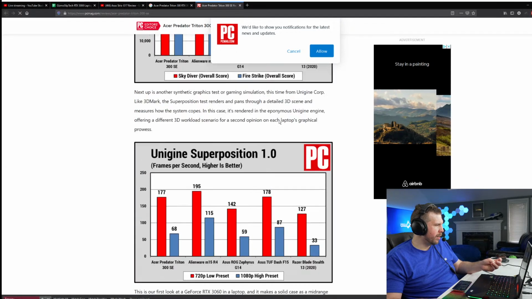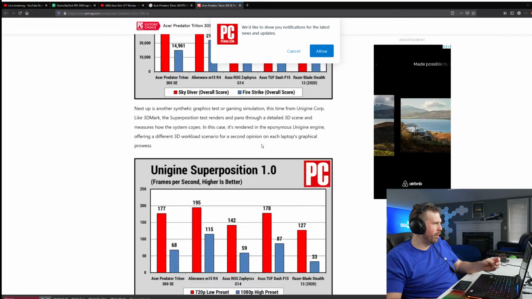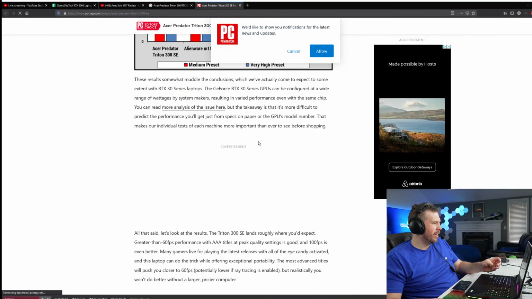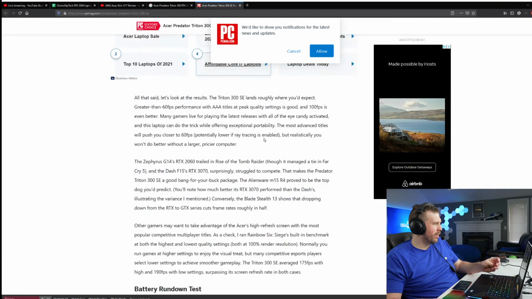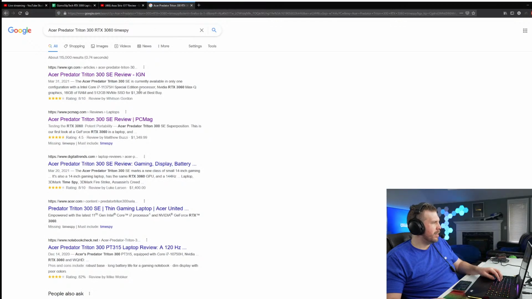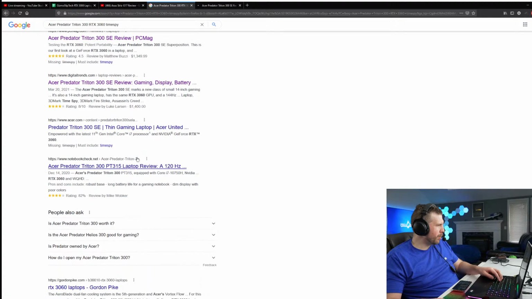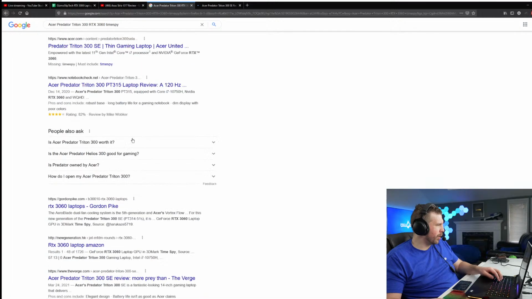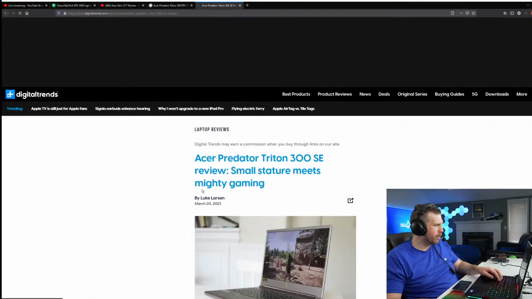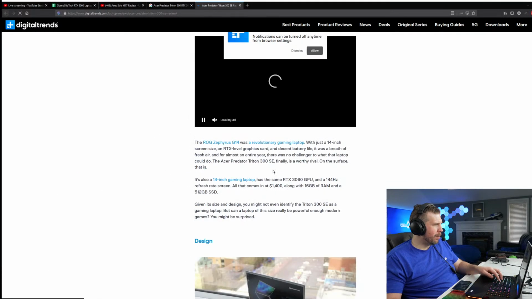Fire Strike. I don't see it. We got nothing. Nothing, I tell you. Wow, the Acer Predator Triton 300 has a number of reviews from magazines, 3 of them. And yet Acer doesn't want to send me one. What the heck?